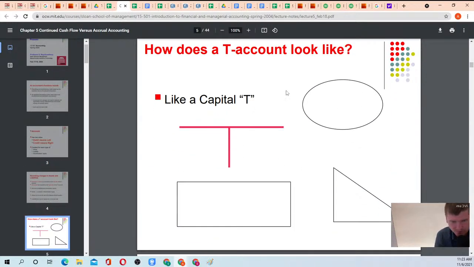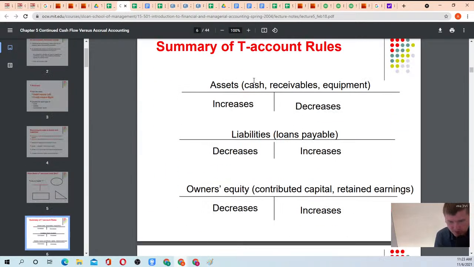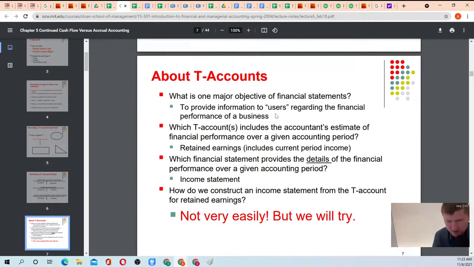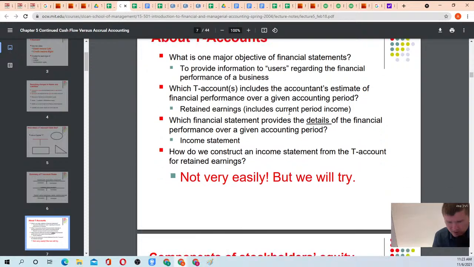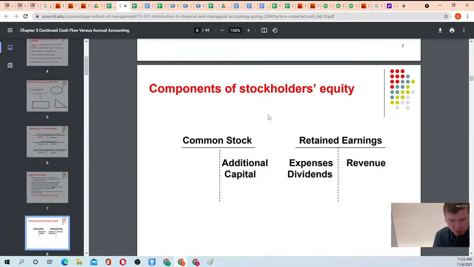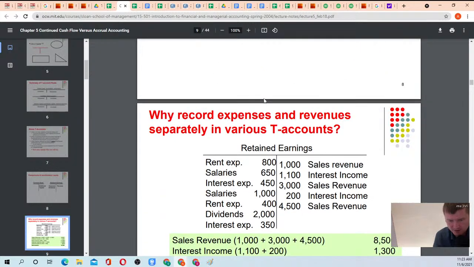So what interesting do we have here? Yeah, that pretty much summarizes it. Assets, liabilities. Left side is debits. Right side is credits. What is the purpose of all of that?